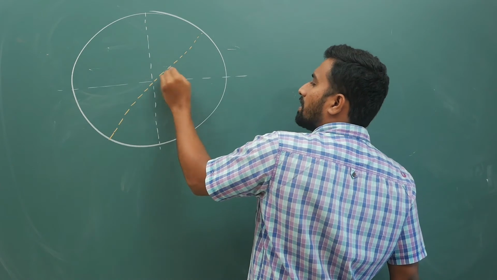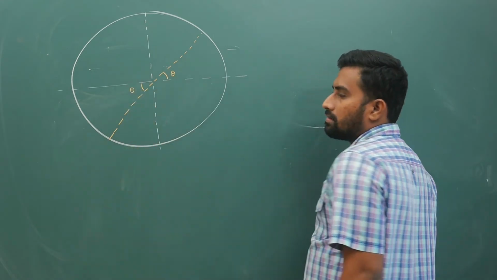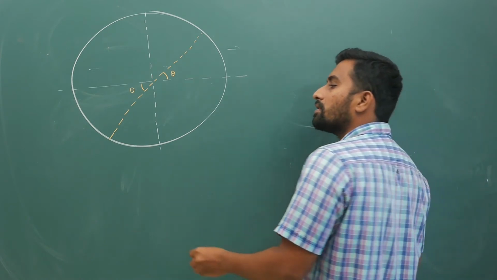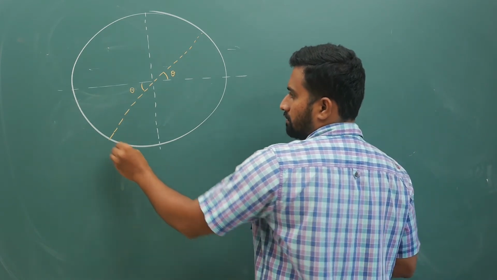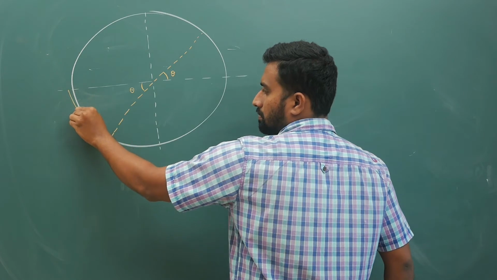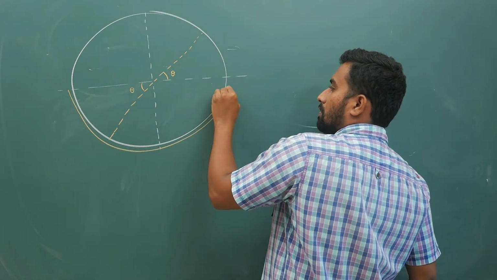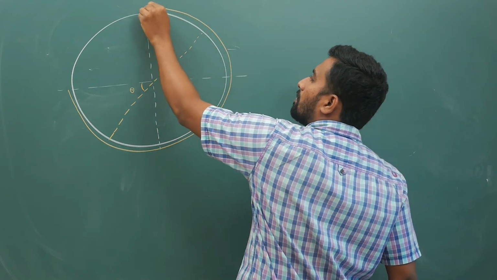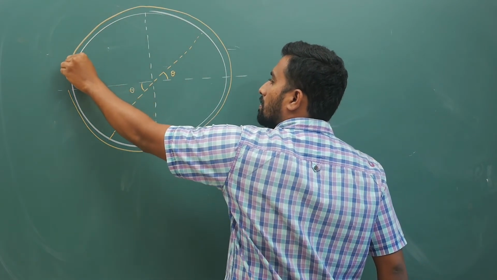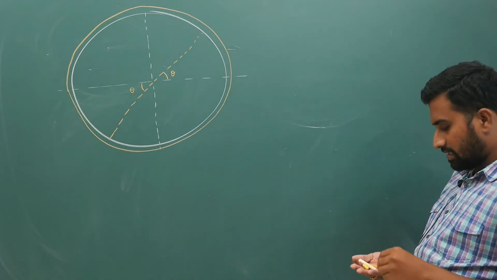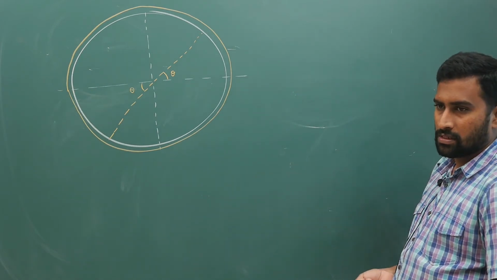Now if this angle is theta, this is theta. Now your initial length of first liquid that you have, it is quarter of a circle, right?